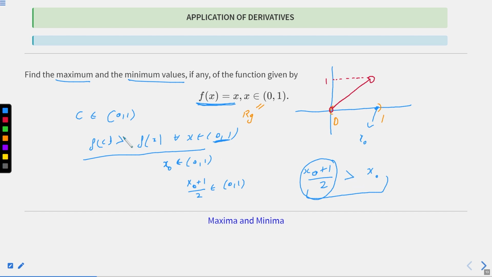So that's why you cannot say there exists C such that f of C is greater than or equal to f of x. You cannot say that. If you pick any x naught near 1, then this will happen. This will also belong to the same interval, but this point will be greater than this.